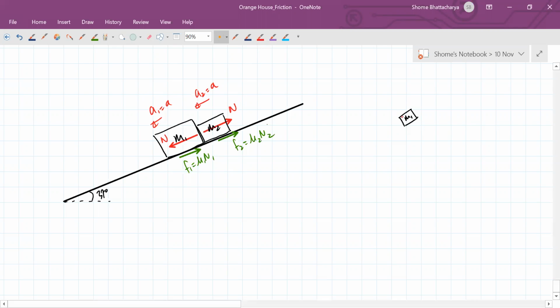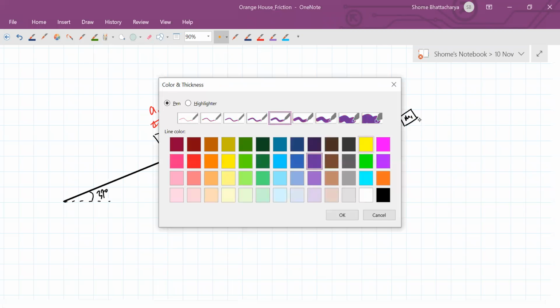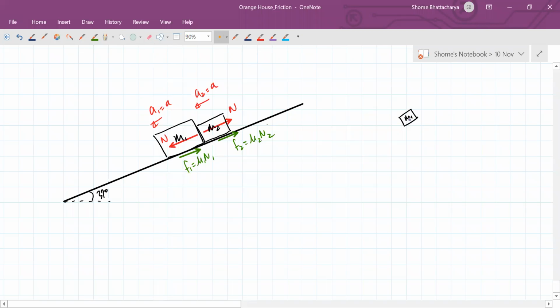I will just resolve the weight and all that, so I'll write everything in resolved form. So there is m1g cos theta, m1g sin theta.